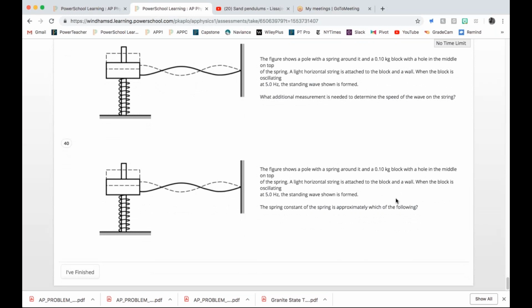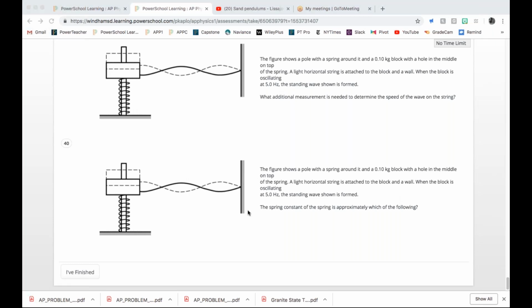I think it's number 40, at least on mine. The figure shows a pole with a spring around it and a 1 kilogram block with a hole in the middle on the top of the spring. A light horizontal string is attached to the block and the wall. When the block is oscillating at 5 hertz, the standing wave shown is formed.